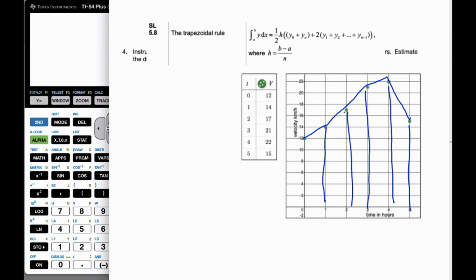And so in order to use the trapezoid rule for this approximation, I know that the area, which is equal to the distance, is going to be 1/2 times my interval h, which in this case is going to be 1.